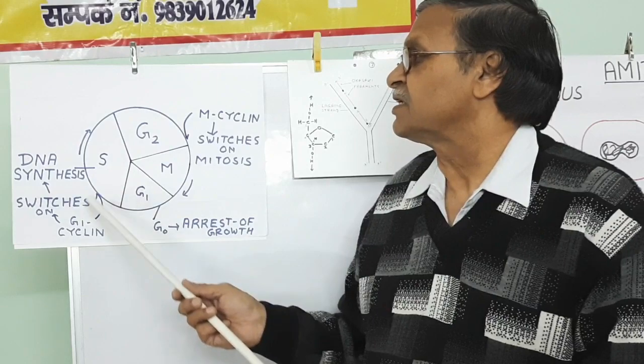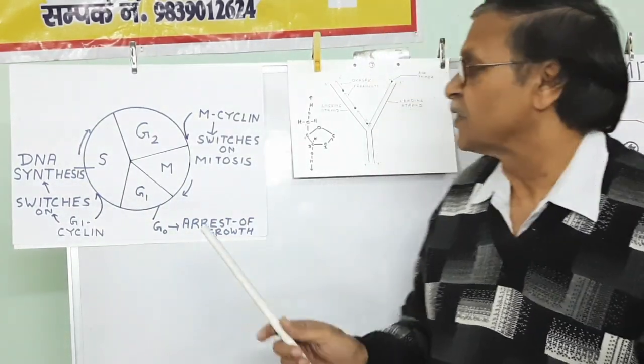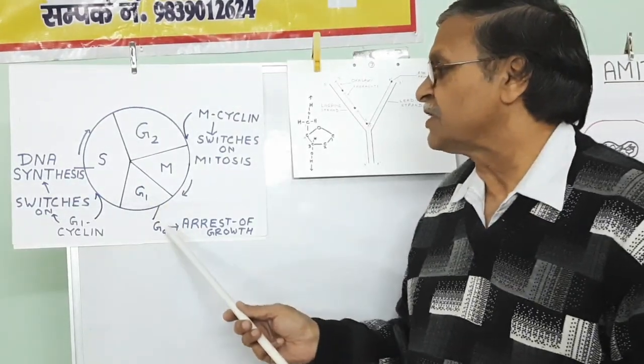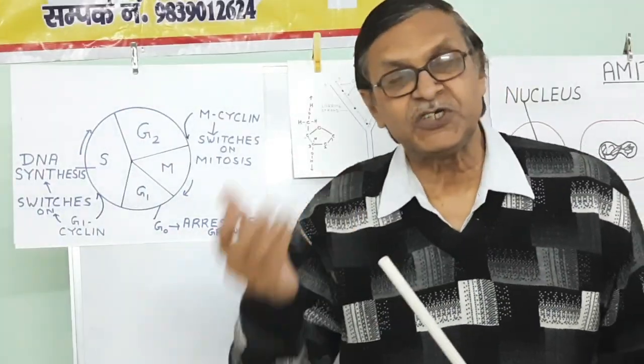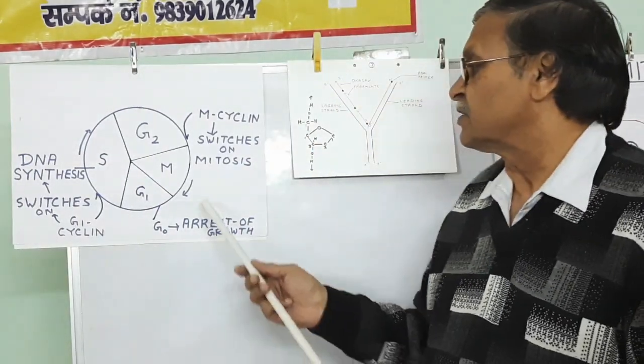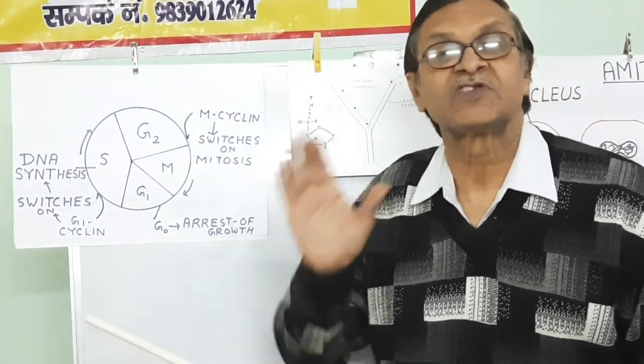In the S stage, DNA synthesis takes place. Sometimes in the G1 stage, a G0 stage has also been observed, where the growth of the cell is arrested for some time.